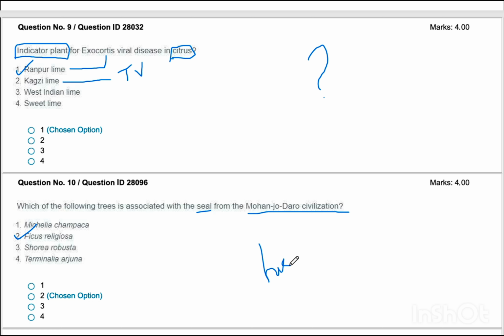Which of the following trees is associated with the seal from Mohenjo-daro cultivation? This is a question from the history part. We have already uploaded a short video with regard to the important history points. So if you haven't seen that video, please do watch it. The answer here is Ficus religiosa.